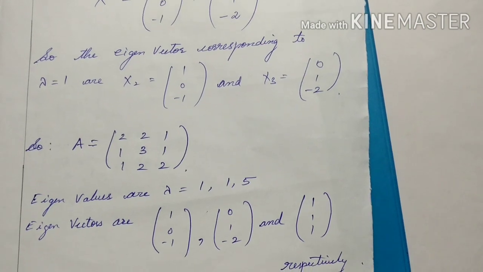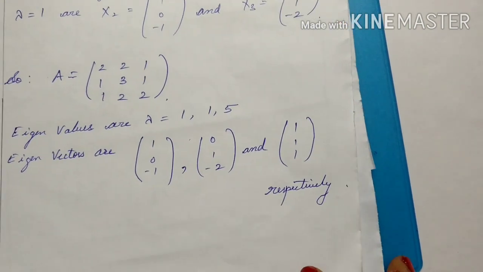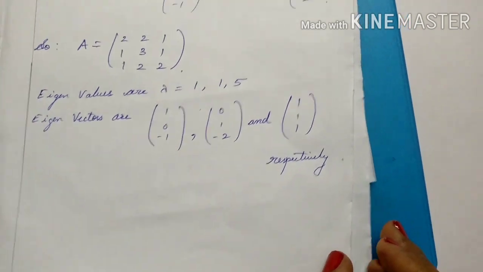So in this way we can find our eigenvector and eigenvalue when we get the repeated eigenvalues.